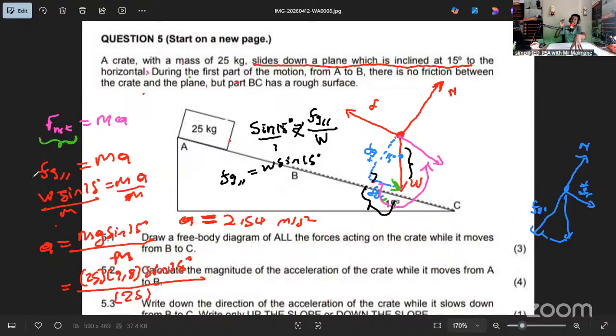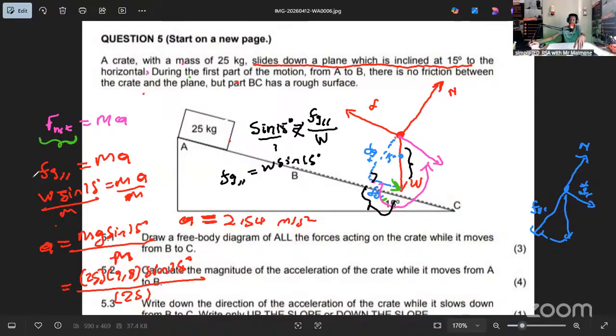Even if the image is not there, you have to create it yourself, because there are questions without images. Whatever they are saying in that paragraph, you draft it down to create your own image. Because after you create an image, you may need to add more forces on that image for whatever answers come after, for it to make sense for you.